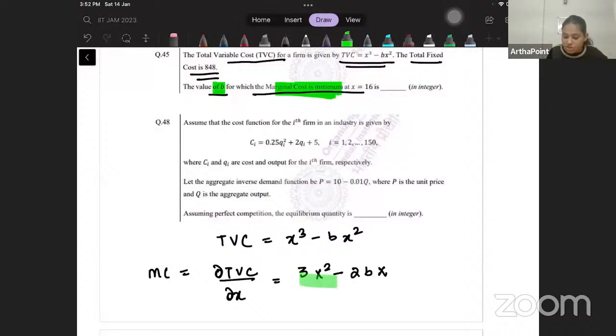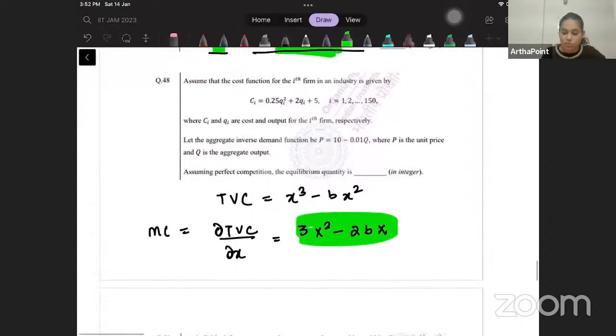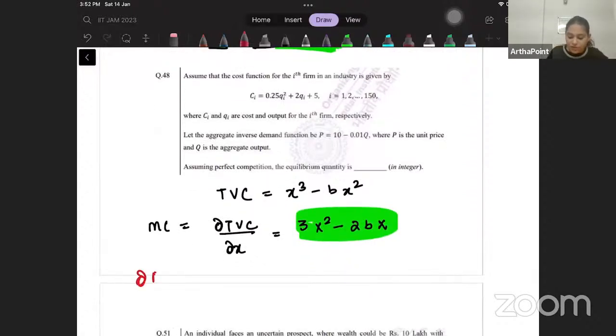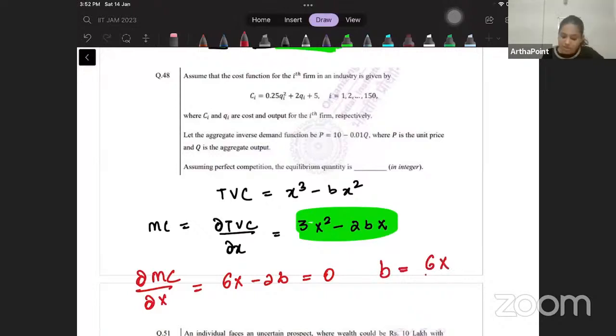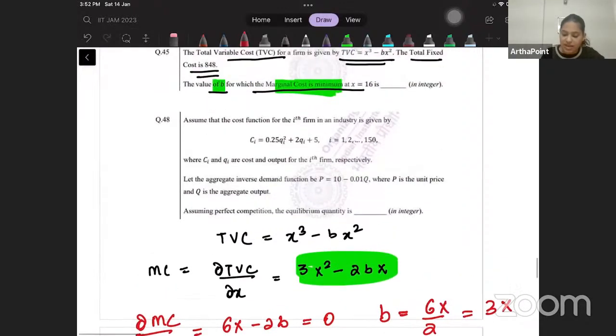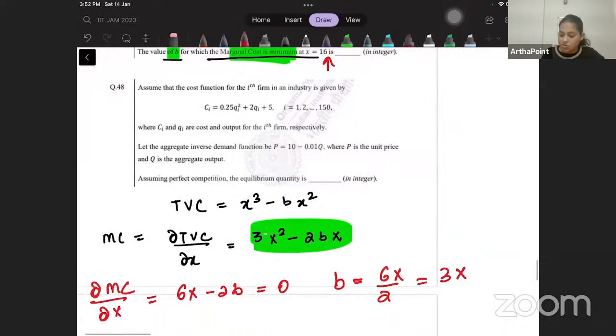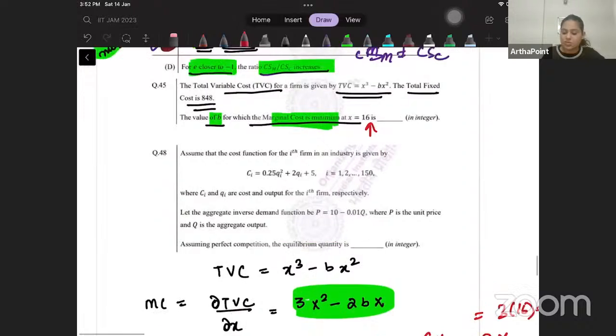If I differentiate marginal cost again, D of MC by dx, I get 6x minus 2b. I equate this to 0, so B will be 6x by 2, which is 3x. And x is given as 16, so this will be 3 into 16, which is 48, and that is the value.